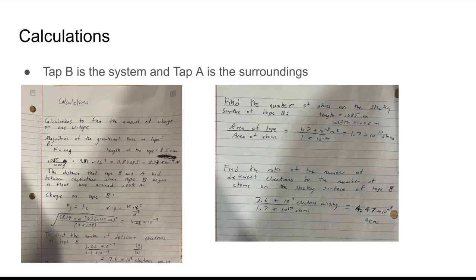The answer to that is derived as 7.6 times 10 to the 9 electrons. This is the amount of electrons that were missing.